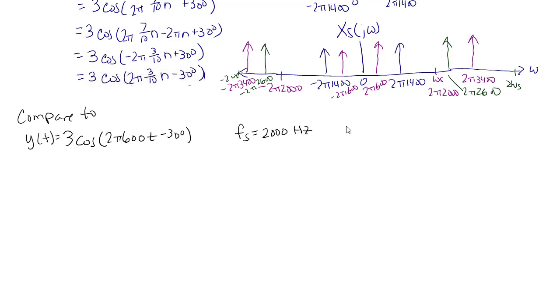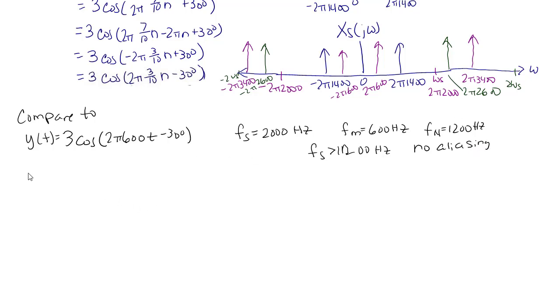But in my new signal, the maximum frequency is 600 hertz. So the Nyquist frequency is 1200 hertz. Now Fs is greater than 1200 hertz, so there should be no aliasing.